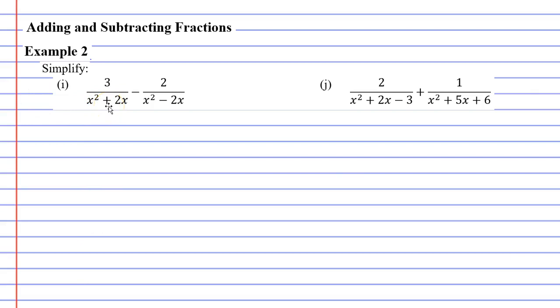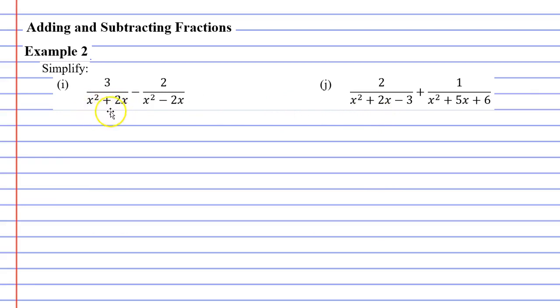Now, looking at the denominators, I want them to be the same. I can see they're not at the moment. And if I multiply them both together, it's going to make a really big expression. And what I'm going to do is I'm going to encourage you to actually do some factorizing first. Okay, and we're going to do that for both questions I and J, and it's just going to make your life a little easier.